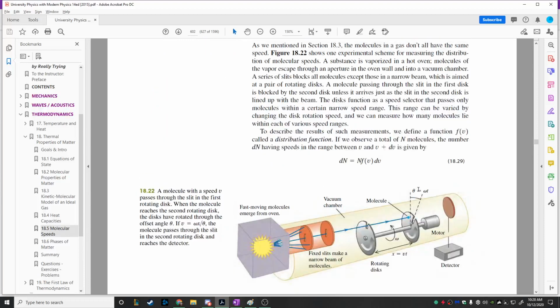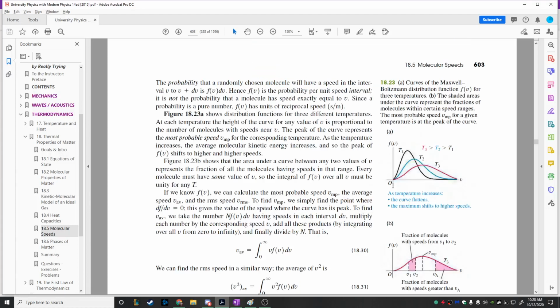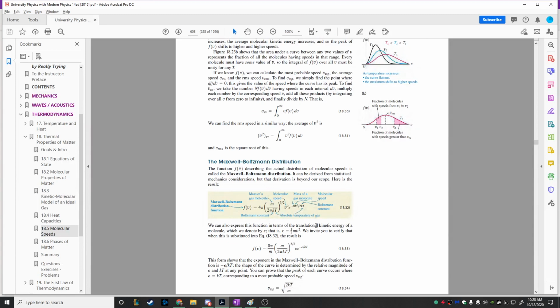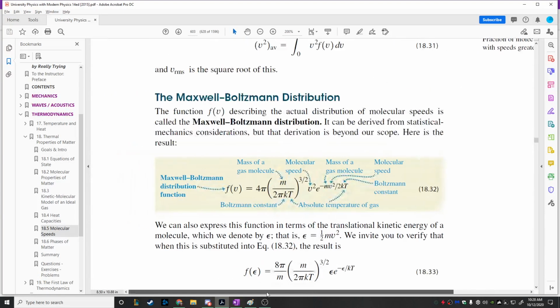So there's an explanation as to how you would measure the speeds with this device right here, and they go into some of the math. But the thing is, none of this gets derived. What they do is they basically just give you this. This is what's called the Maxwell-Boltzmann distribution function. It shows the distribution of the velocities of the particles, and you can kind of see the things that make it up.